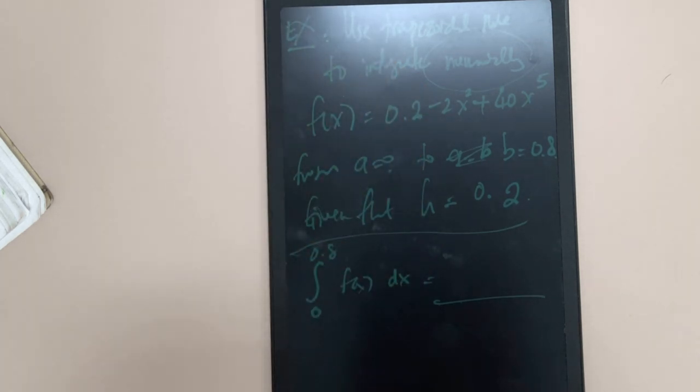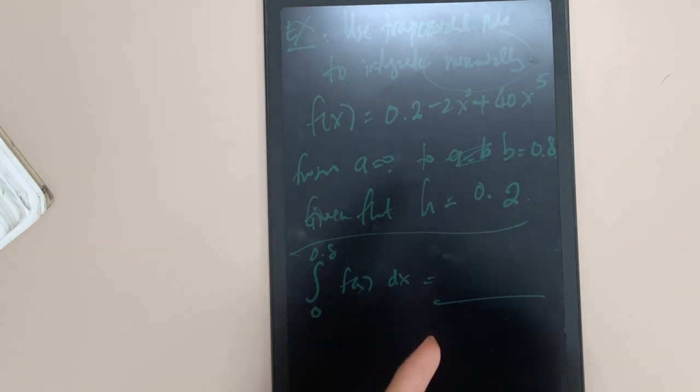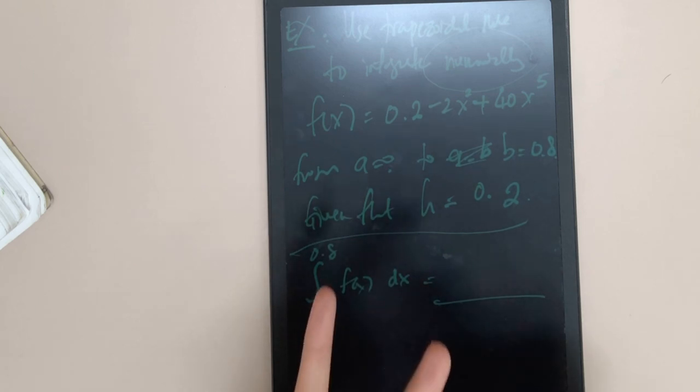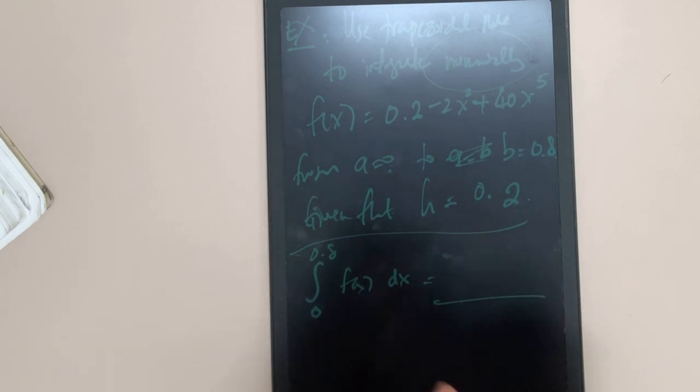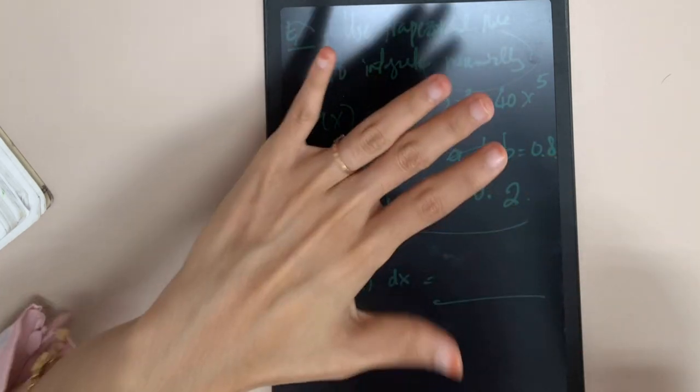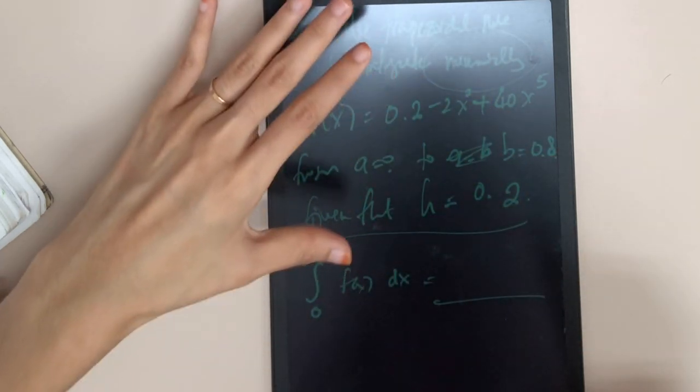Okay, what I mean is, if the question asks you to find the error between these digits, you need to have a true value, right? Which is the true value and also the approximation. From this question, you calculate and you will get the value, but that one is the approximation value.